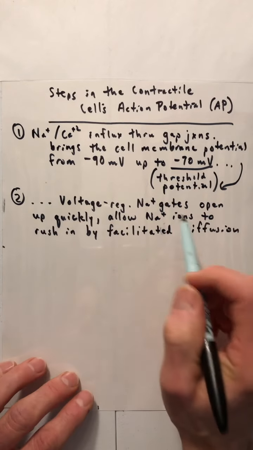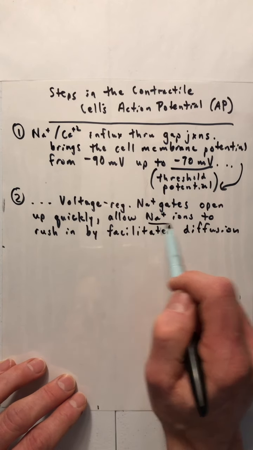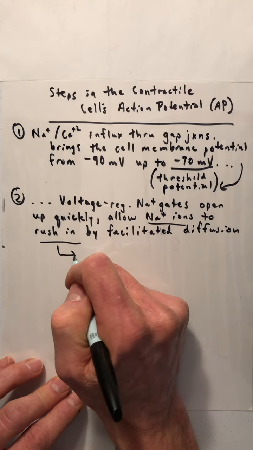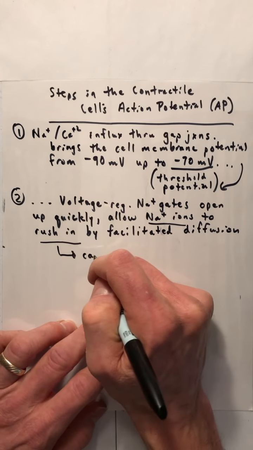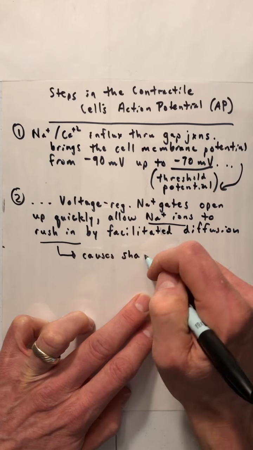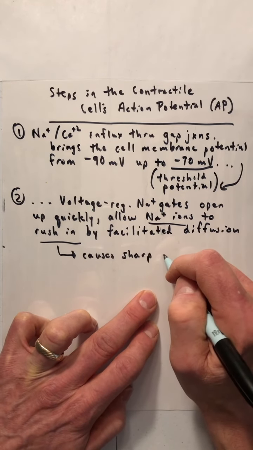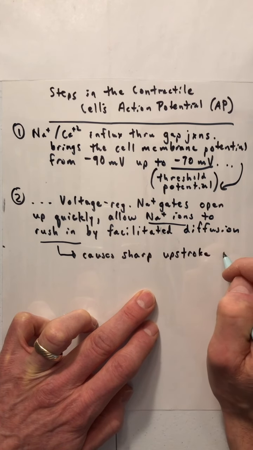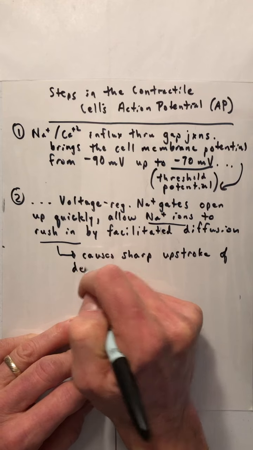And when sodium ions rush in, they're bringing positive charge. So this causes sharp depolarization, a sharp upstroke of depolarization in our graph of the cell membrane potential.